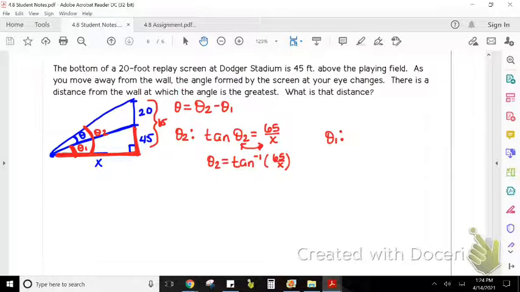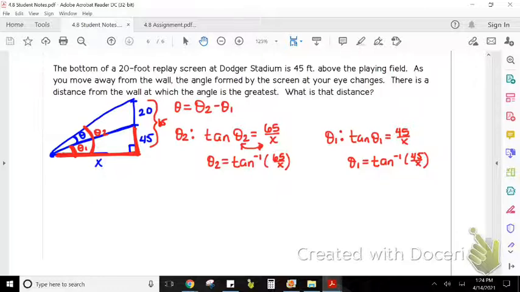So again, we can use tangent, can't we? So tangent of theta 1 will equal 45 over x. So theta 1 is equal to the inverse tangent of 45 over x. Well, we don't know what x is, which is our whole issue, right?